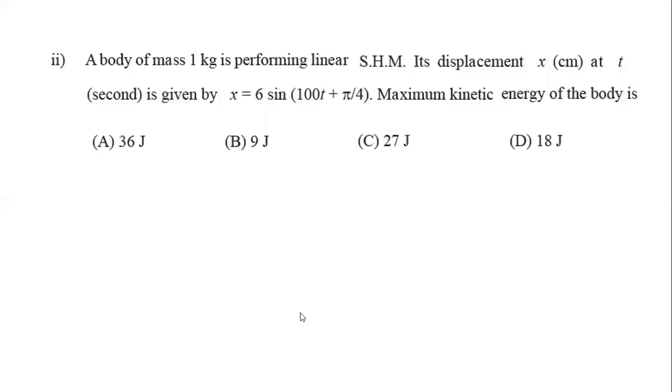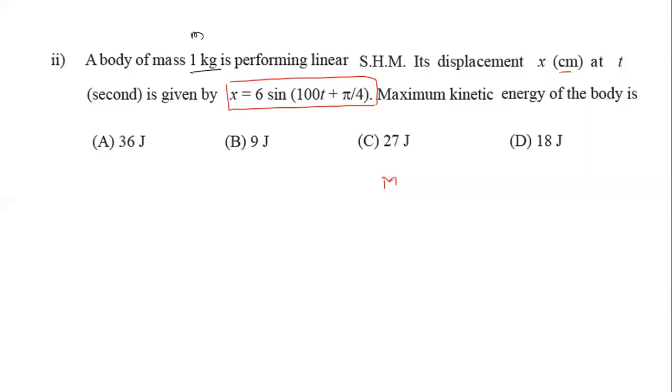A body of mass 1 kg. So mass is given. Performing linear SHM, its displacement x in centimeter at time t is given by x is equal to 6 sin(100 t plus pi by 4). Maximum kinetic energy of body is.